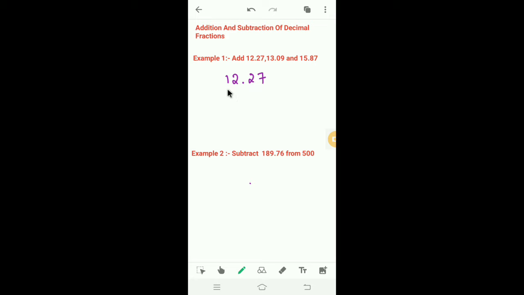12.27, 13.09, 15.87. Here decimal points should come in one column.